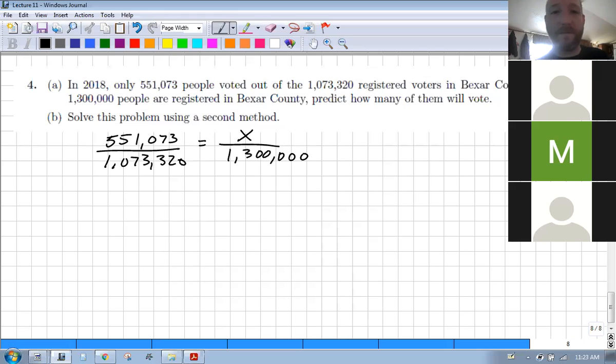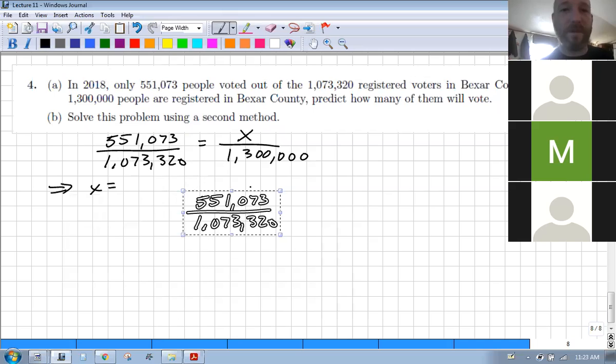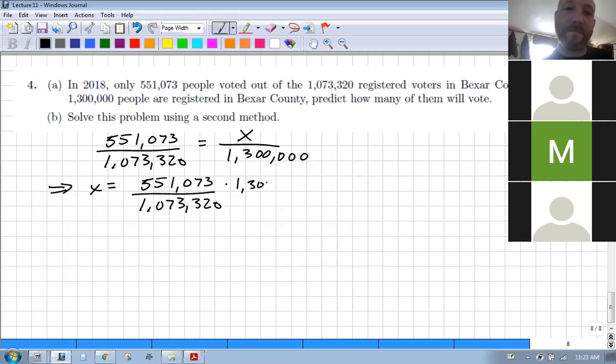All right, so multiply both sides by 1.3 million, and let's see what we get. 551,073 times 1,300,000 divided by 1,073,320.